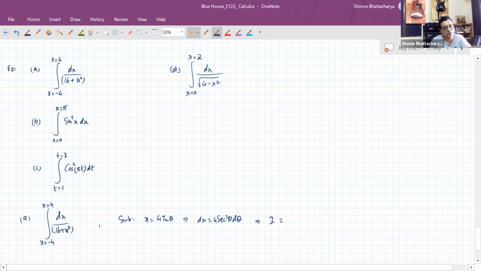So the integral will become 4 sec square theta upon 16 sec square theta from x equal to -4 to x equal to 4. So that will be 1 by 4 integration d theta.